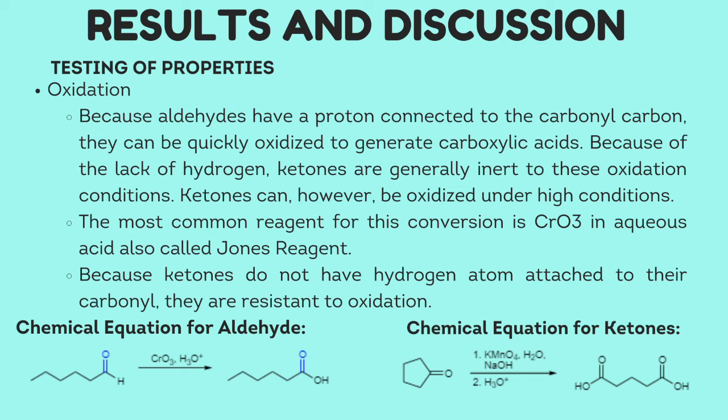However, this type of powerful oxidation occurs with cleavage, breaking carbon-carbon bonds and forming two carboxylic acids, and because of its destructive nature, this reaction is rarely used. So we have here an example of the reaction. We have cyclopentanone, our ketone, reacting with KMnO4, or potassium permanganate, which yields a product of two carboxylic acids, which is pentanedioic acid.